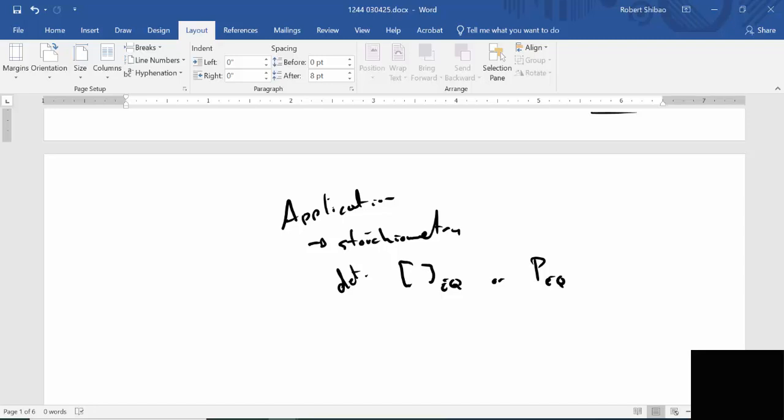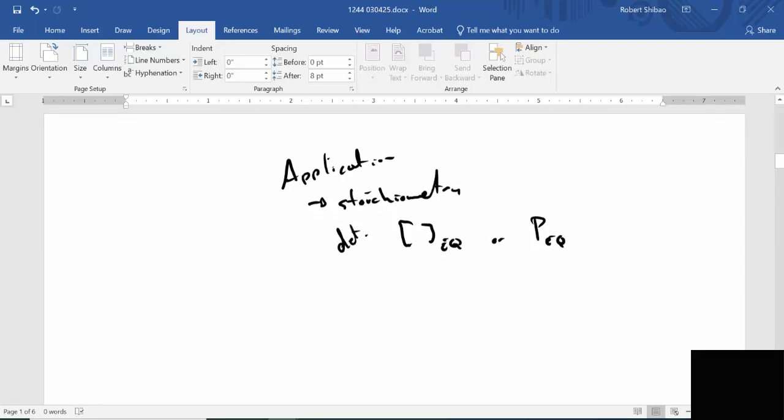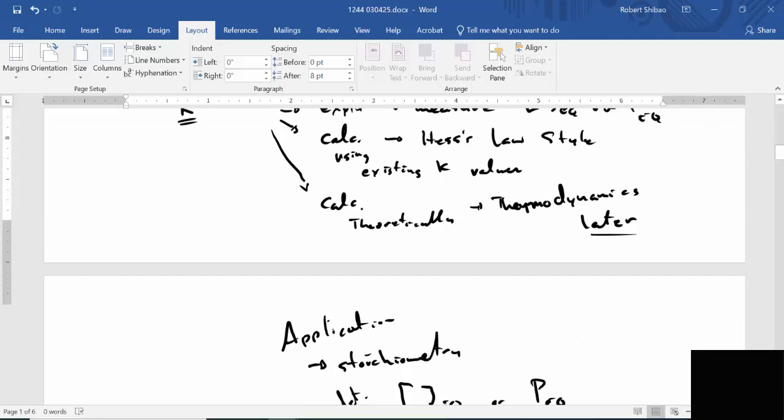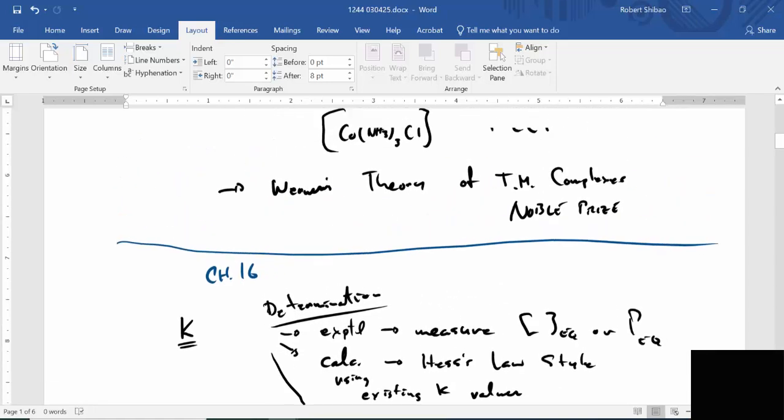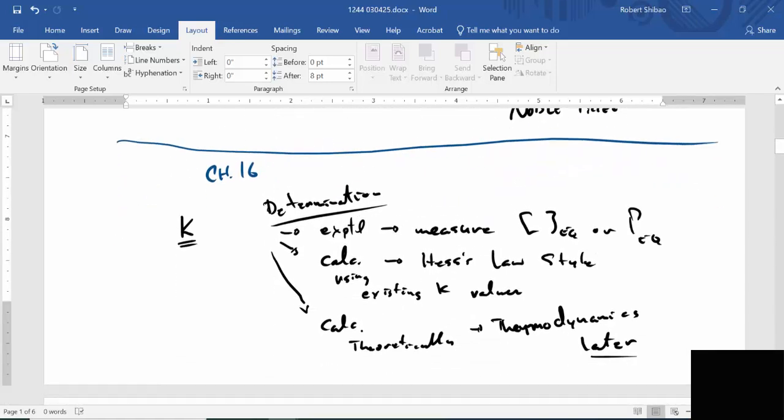And there are relationships between pressure and concentration. That is the Kp and Kc relationship.